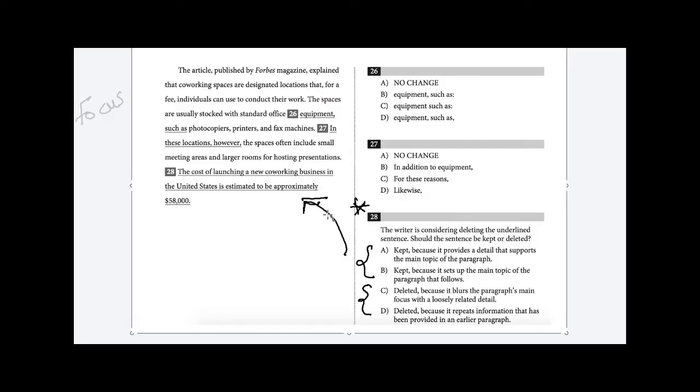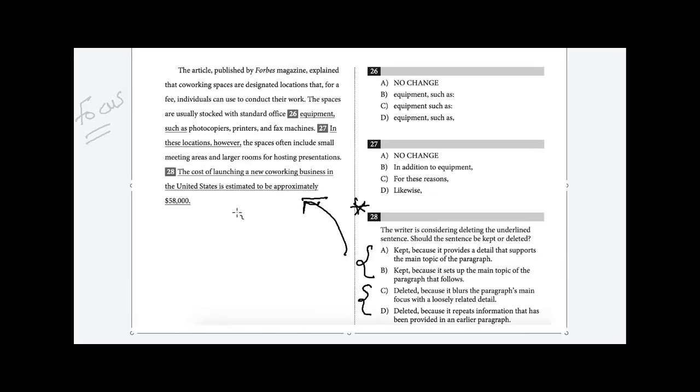Now, one thing that's very helpful to us is the name of the question, focus. What that tells us is that every question of this kind is about one thing: what focuses the paragraph? Focus essentially means what makes it clear what the paragraph is about.